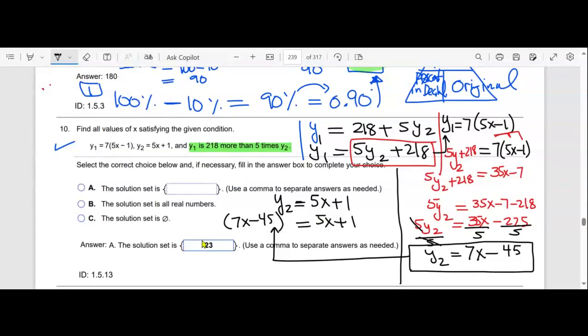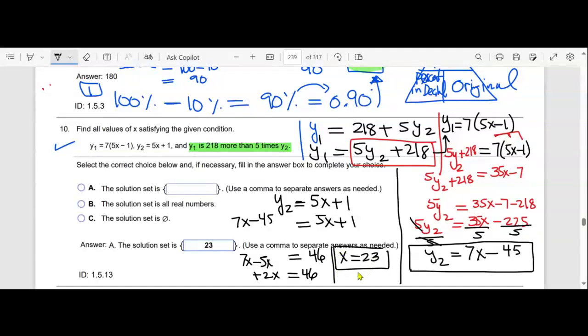Clear? Now we isolate x. So you're going to get 7x minus 5x equal 46. If you combine this together, you get positive 2x equal 46. So x equal how much? 23.